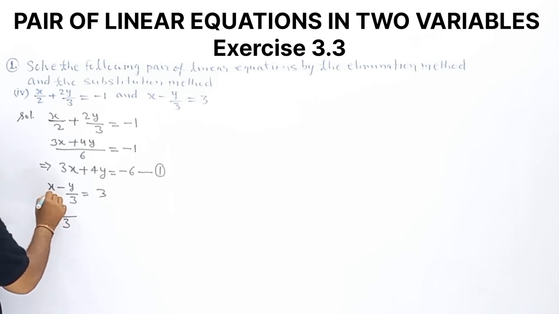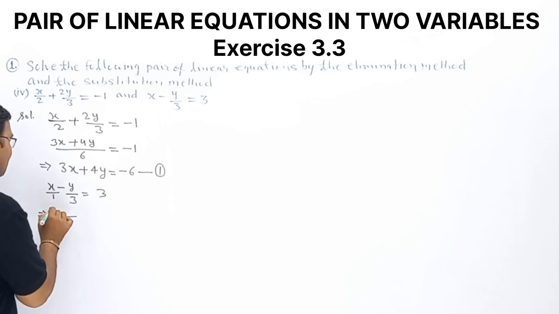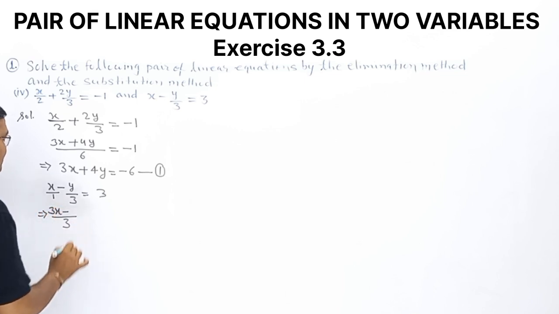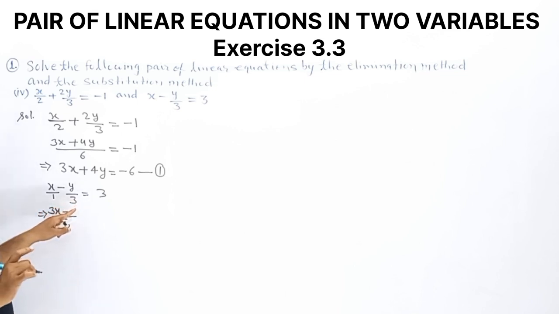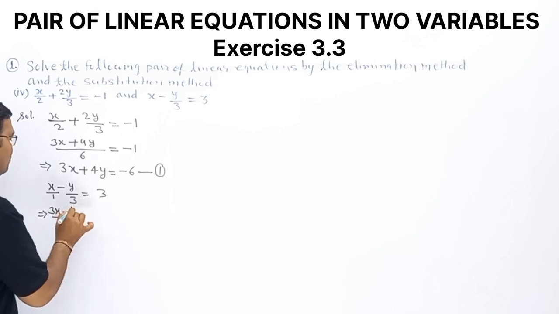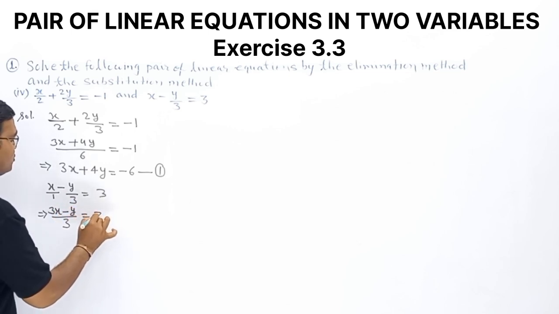Its numerator is x and the denominator is 1, since no denominator is there. 3 divided by 1 gives 3, multiplied by the numerator gives 3x. 3 divided by 3 gives 1, multiplied by the numerator gives y. So 3x minus y equal to 3.